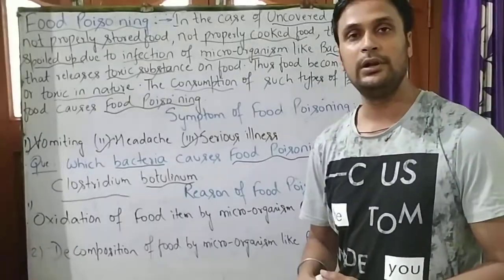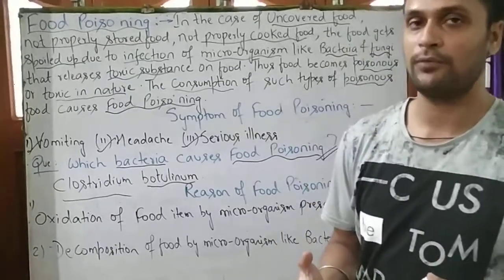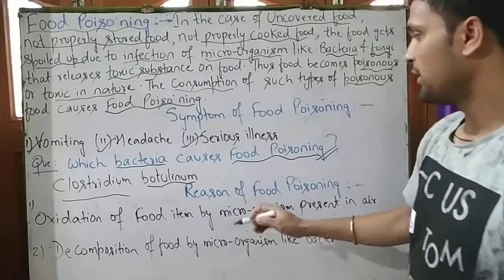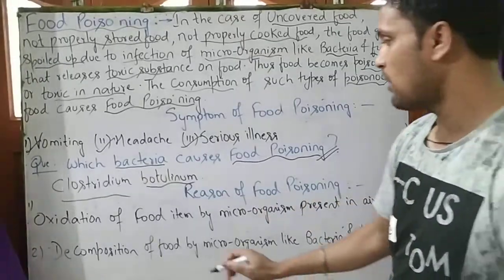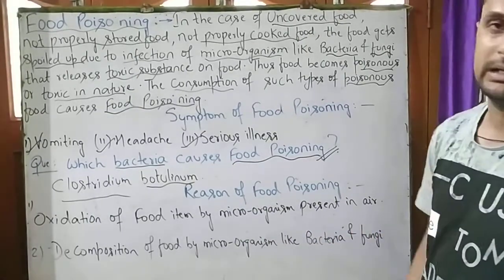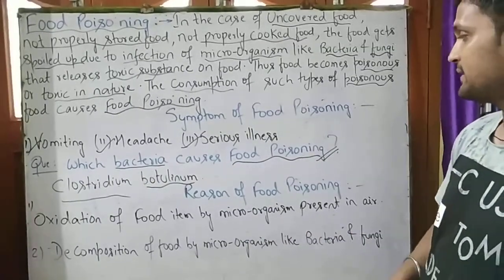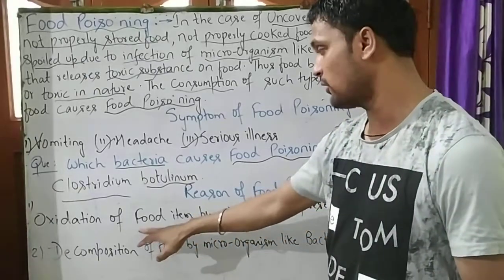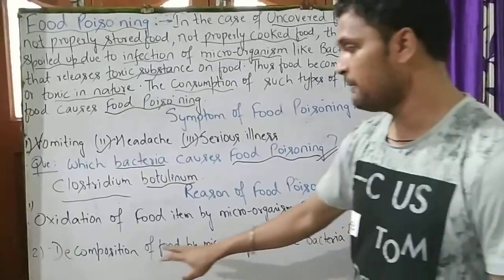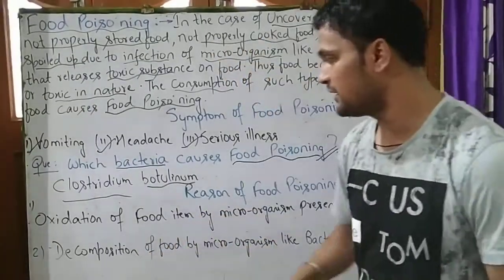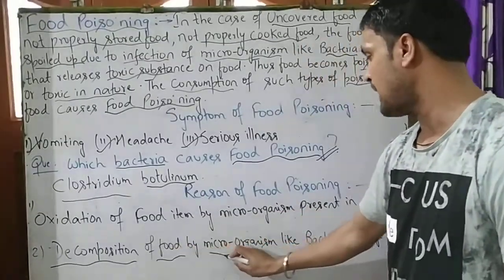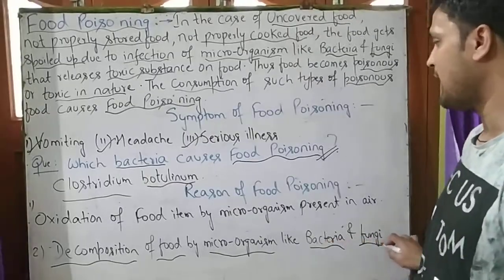Now, students, we will learn the reasons for food poisoning. The first reason is the oxidation of food items by microorganisms present in the air. The second reason is the decomposition of food by microorganisms like bacteria and fungi.